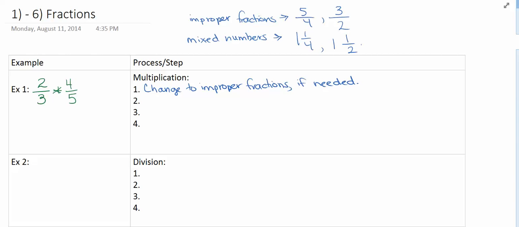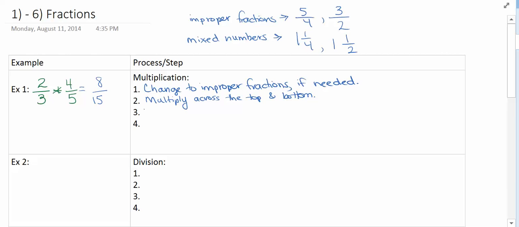The next step is you're going to want to multiply across the top and bottom. So if you look over here, we don't need to change to improper fractions, so I can go ahead and multiply across the top and bottom. 2 times 4 is 8, 3 times 5 is 15.